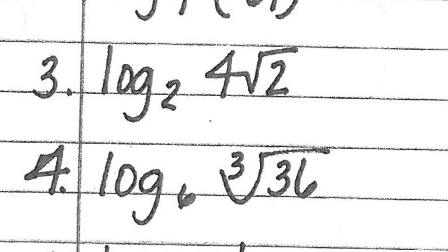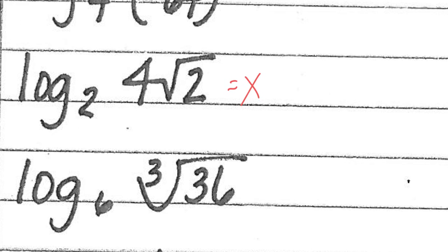I'm going to start with this one right here. It says log base 2 of 4 times the square root of 2. And remember, if that's equal to x, what this is really saying is 2 to what power is equal to 4 root 2. Well, once again, I need all of these in the same base.